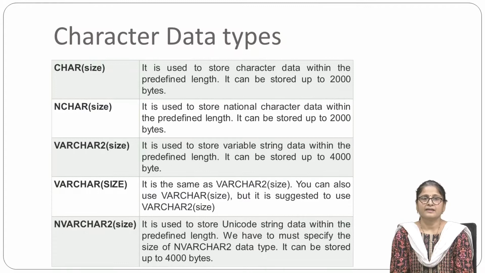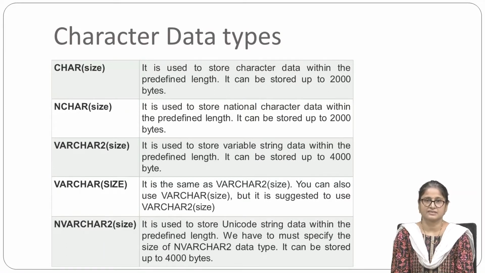Then the next one is varchar with a size. It is the same as varchar2. You can use varchar and varchar2 interchangeably, but it is suggested to use the varchar2 data type while dealing with text, with string values.